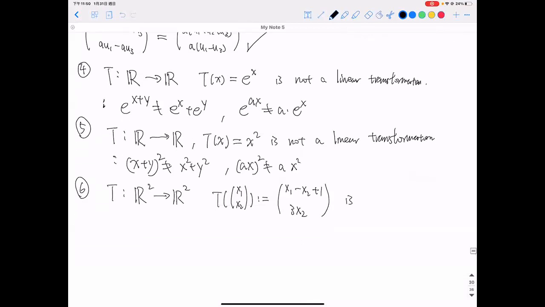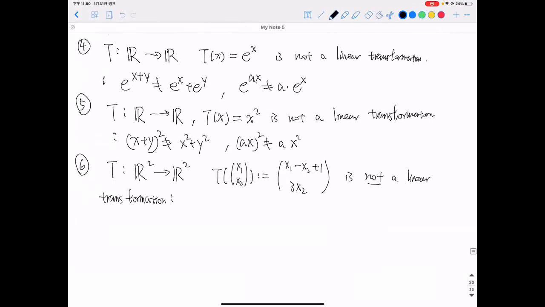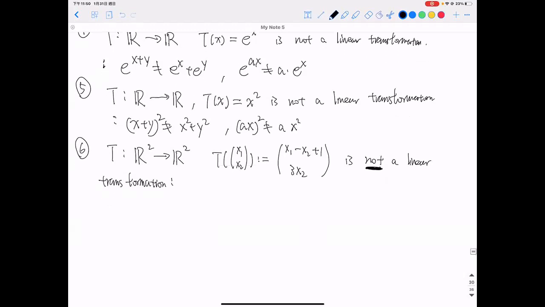The claim is that this is not a linear transformation. To say that it's not a linear transformation, you just have to exhibit one property that fails. In fact, in this case, both properties would fail, as we can see now.